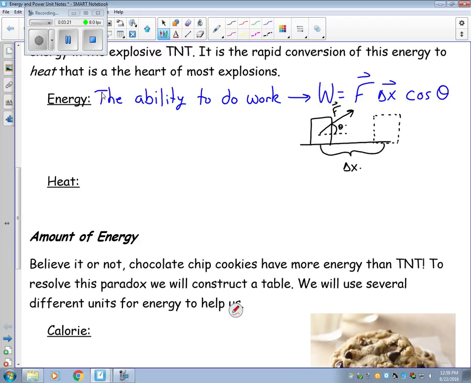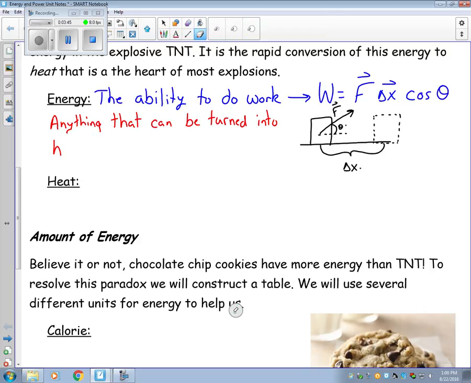Another definition for energy is anything that can be turned into heat. See lots of spelling errors, I promise. So anything that can be turned into heat. So then, what exactly is heat?